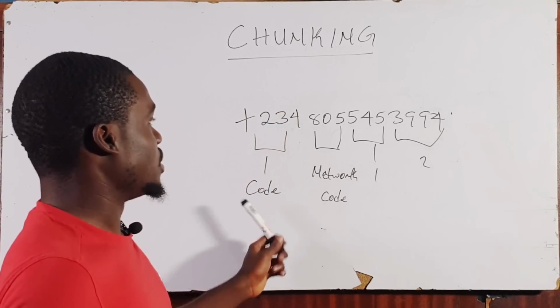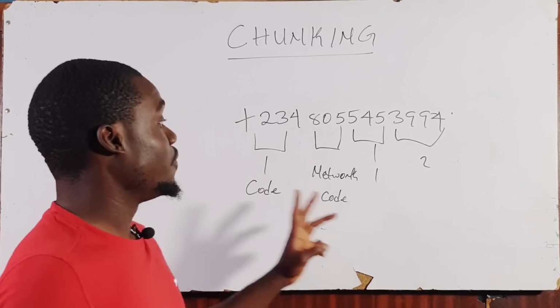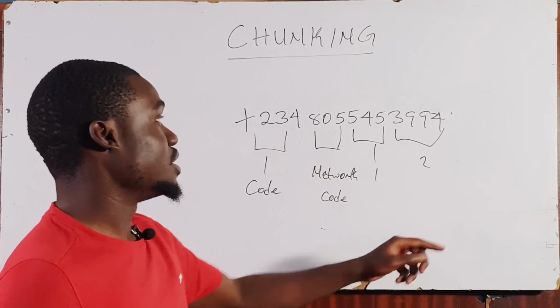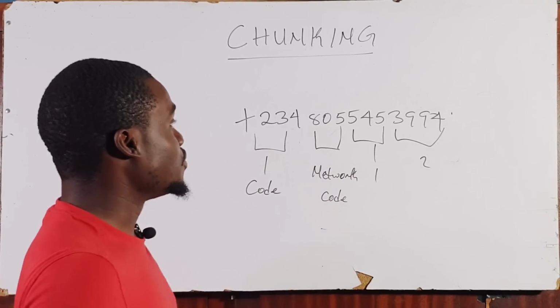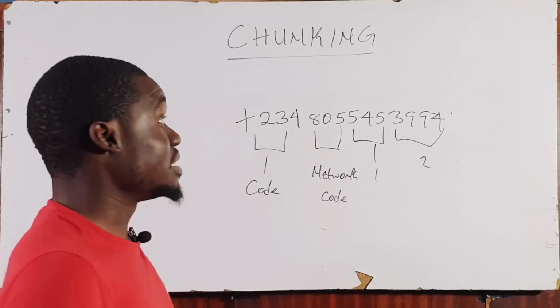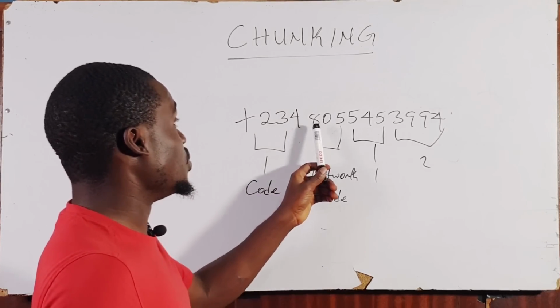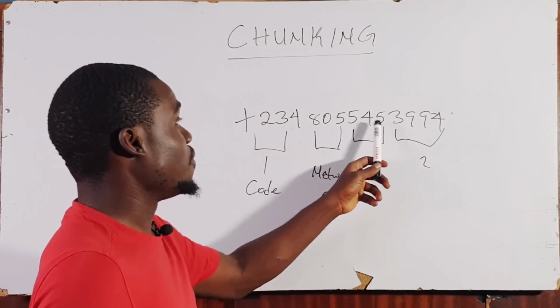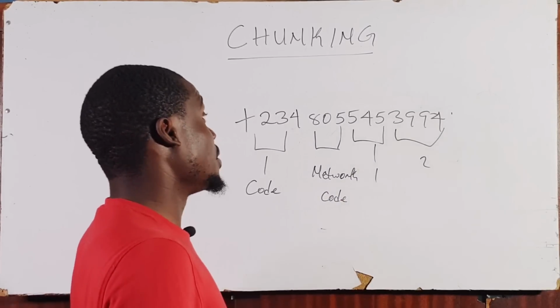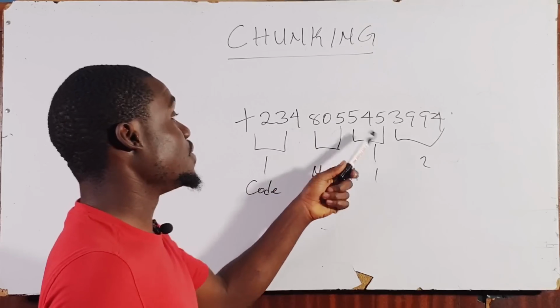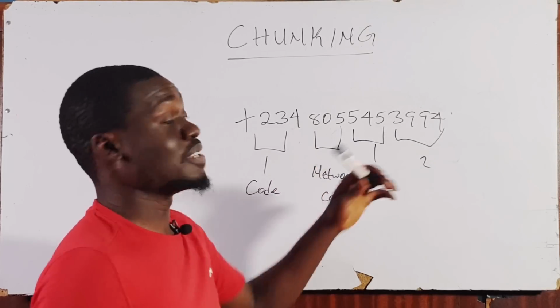So it is divided into 4 manageable parts: 1, 2, 3. So you know the code number, you know this, then all you have to memorize in this case is just 085 545 3994, or most of you can just say 80 55 45 39 94.